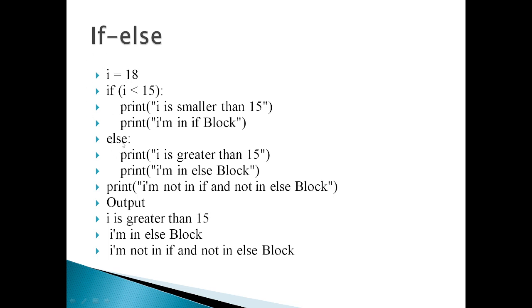In the else part, we print i is greater than 15 and I am in else block, and print I am not in if and not in else block. So the output will be these print statements, because if part is not true, control will directly go to the else part, and whatever is written in the else part will be printed in the output.